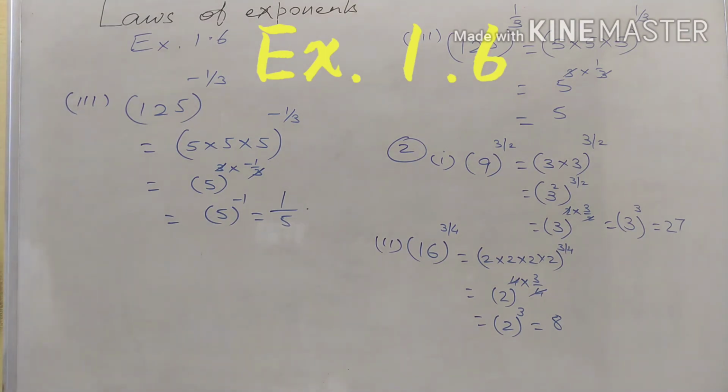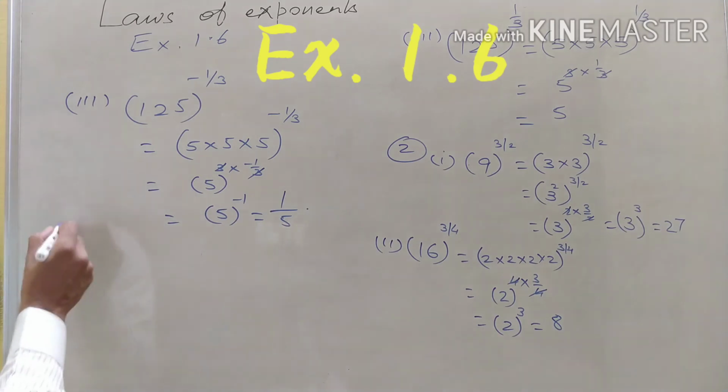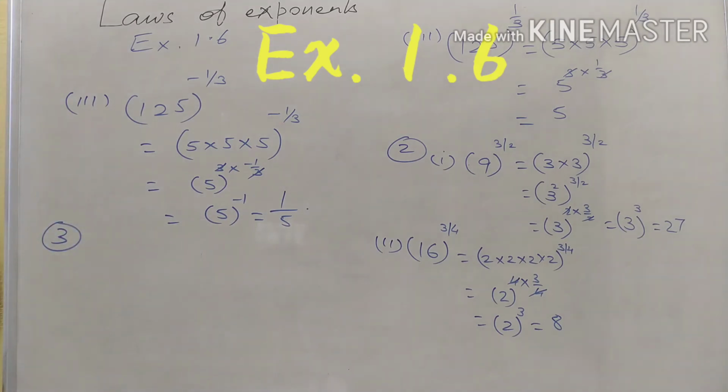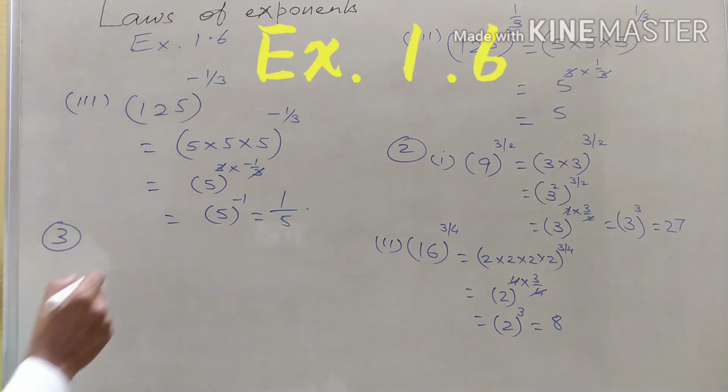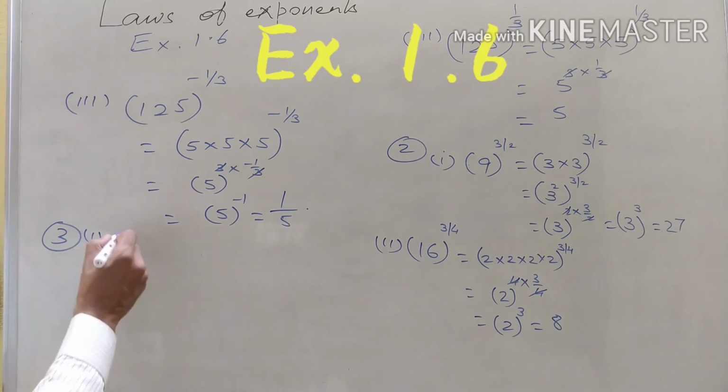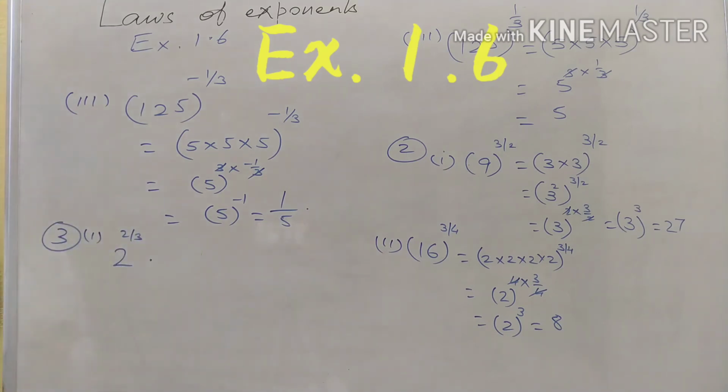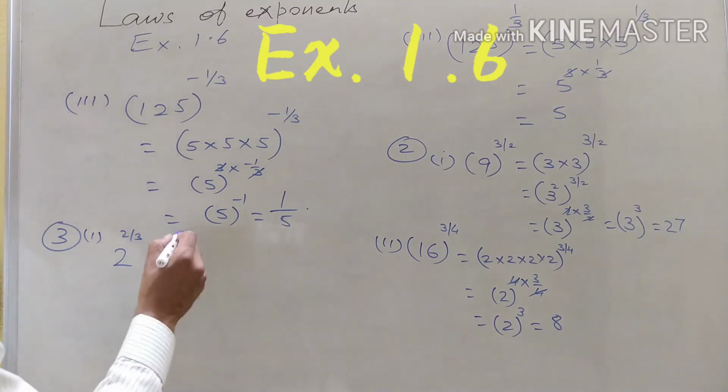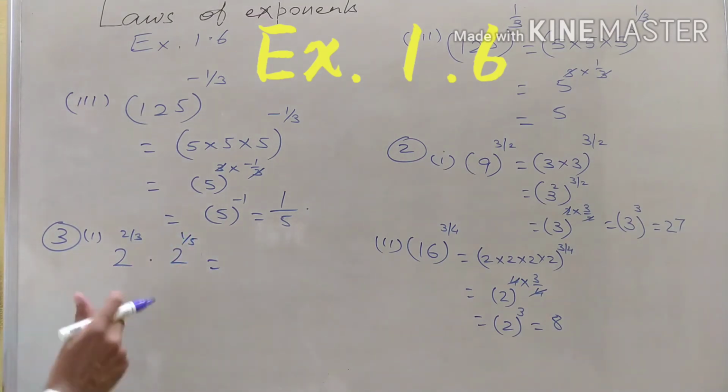Then question number three. In the third one, simplify 2 to the power 2 upon 3 into 2 to the power 1 upon 5. We know the very first law of exponents, a to the power m into a to the power n is equal to a to the power m plus n.